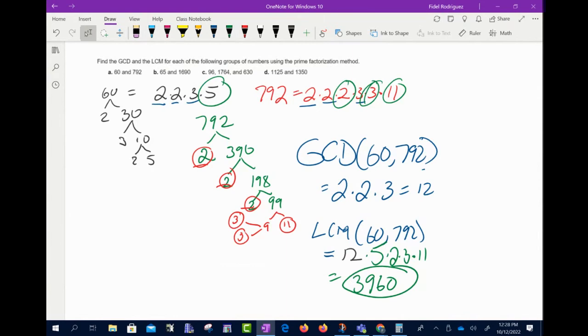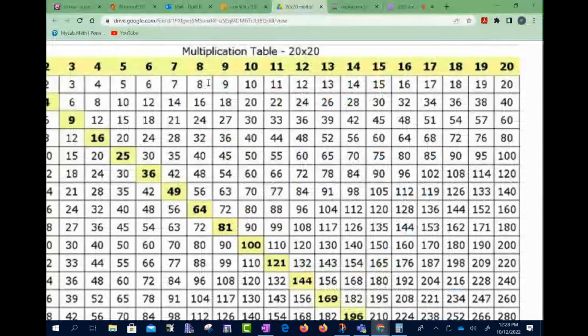Okay, so guys, one thing I want to emphasize about the least common multiple. Remember a minute ago when I showed y'all on the multiplication table when we were finding it for 8 and 12, we were looking at the multiples of 8 and the multiples of 12, and we'd say, look, 24 is the first one we have in common.